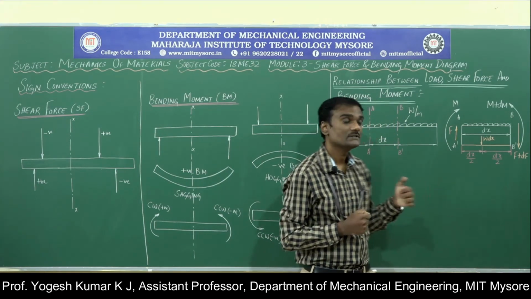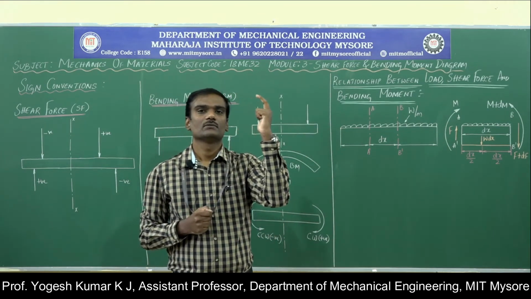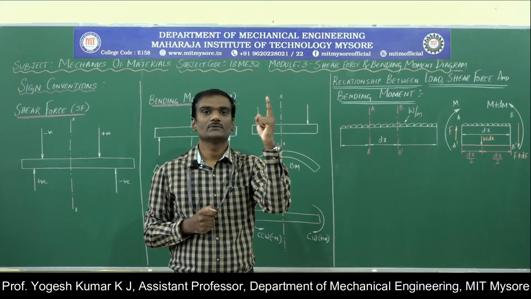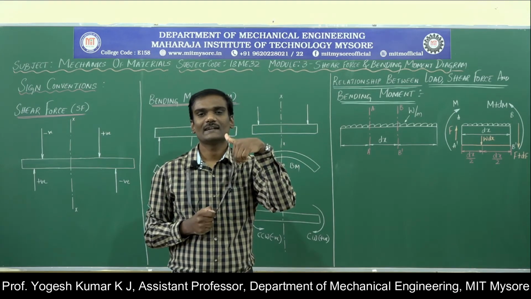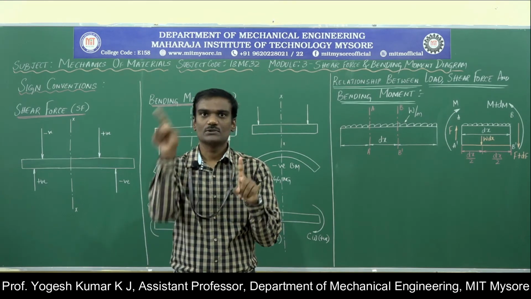What is the meaning of algebraic sum of vertical forces? If we take upward forces as positive and downward forces as negative, then upward force plus downward force should be equal to 0.